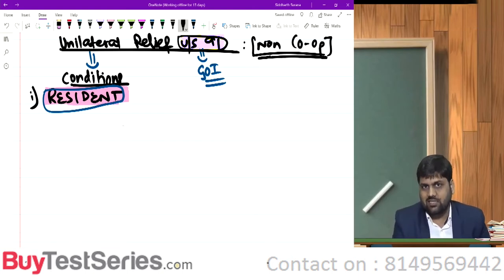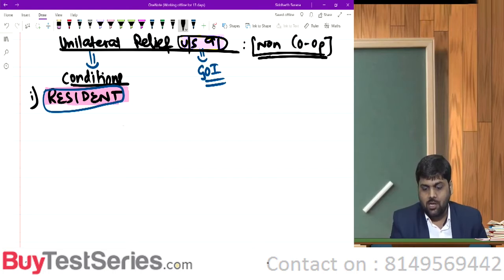But I always say this in class to my students, nothing is bigger than logic. If you know the logic behind the provision, then remembering the provision is going to be very, very easy for you. And I have enough logic to explain why unilateral relief will be available only to residents, or in other words, a non-resident will not get unilateral relief.